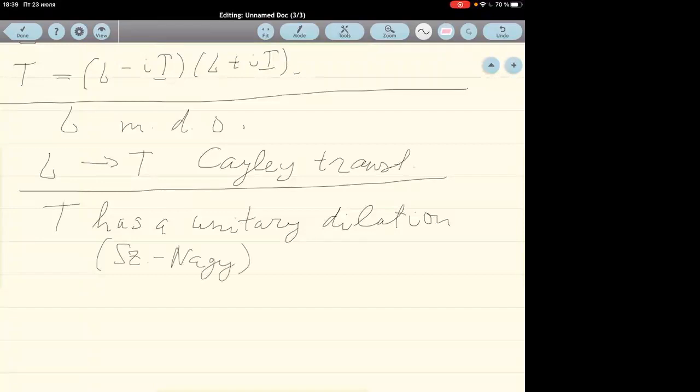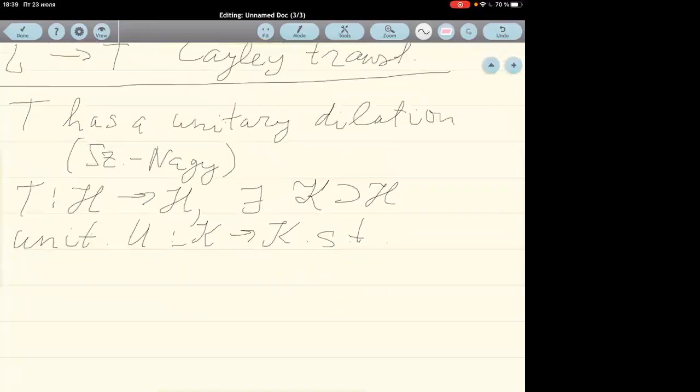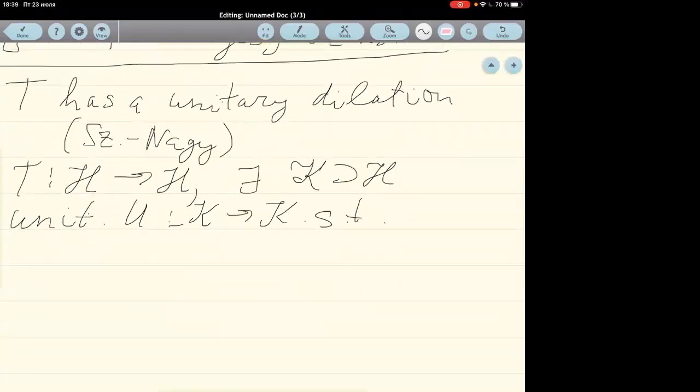This means that if T is an operator on a Hilbert space H, there exists a bigger Hilbert space K and a unitary operator U on K, such that the powers of T can be obtained from the powers of U in the following way.